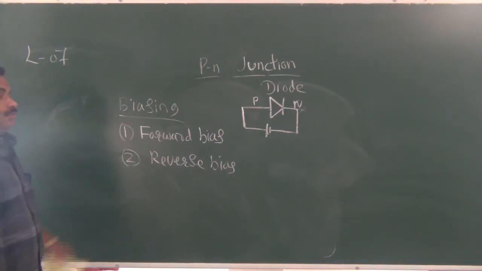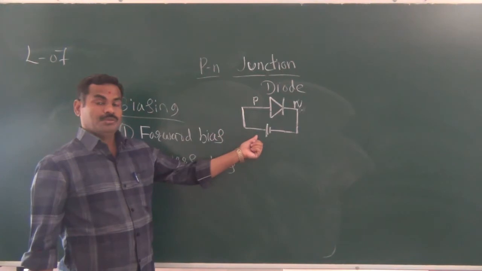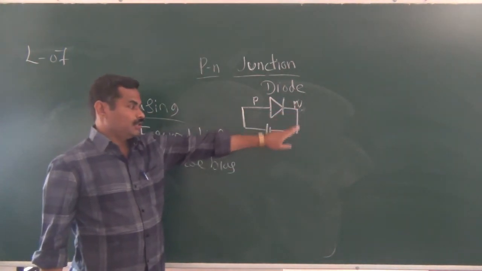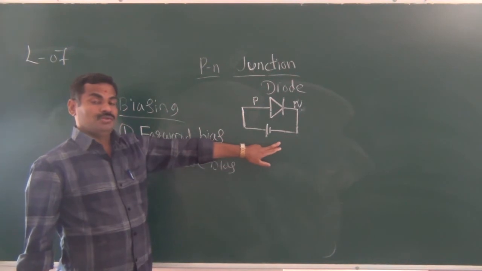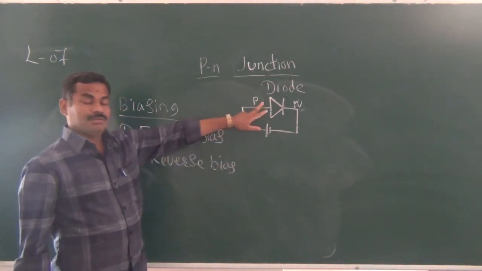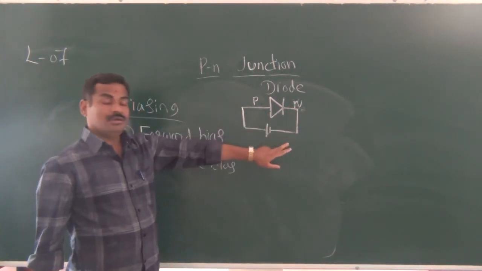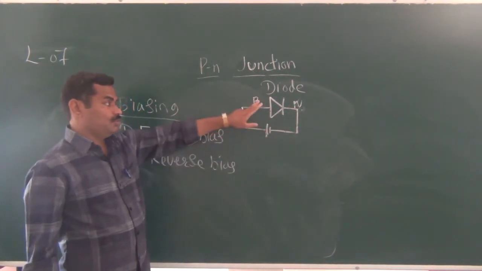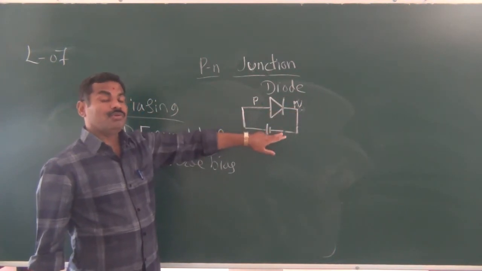Forward bias is when the P-type semiconductor is connected to the positive of the battery, and the N-type semiconductor is connected to the negative of the battery. It means same polarity: positive to positive, negative to negative. That is forward bias.